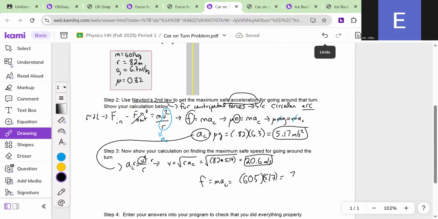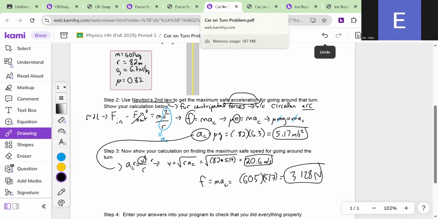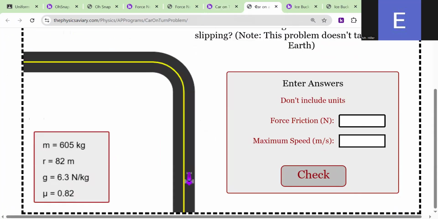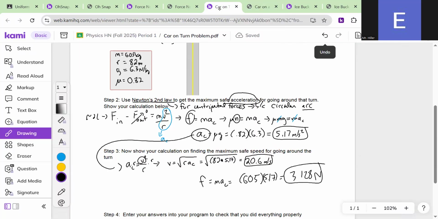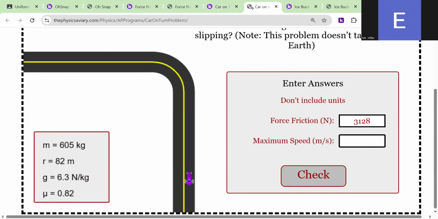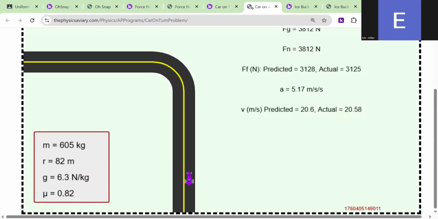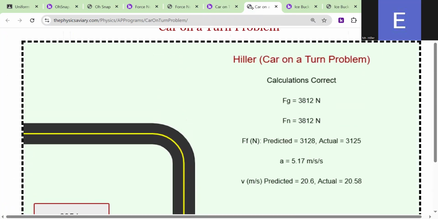All right, I'm looking at about 3,128 newtons and 20.6. All right, there we go.